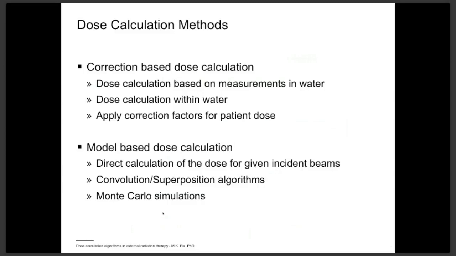The model-based dose calculation algorithms apply the dose calculation directly in the patient's representation. Also, the monitor units are calculated by beam intensities and not by dose in water. So there is a direct relation between the beam intensities and the MU calculation, which in turn makes an explicit beam model necessary.